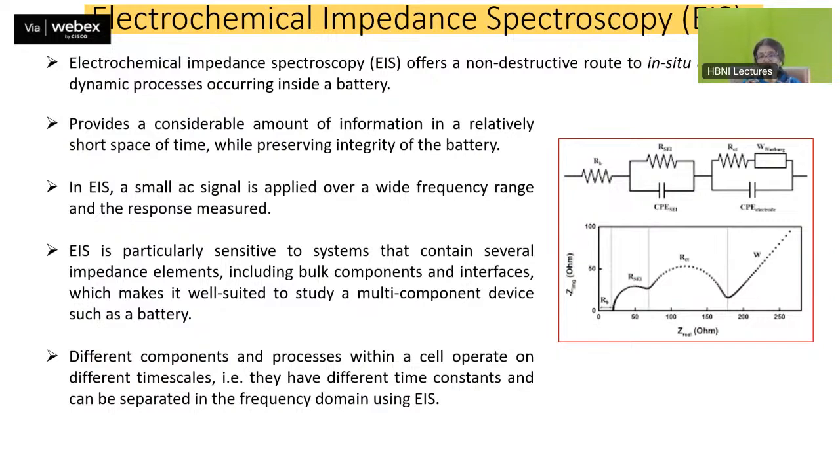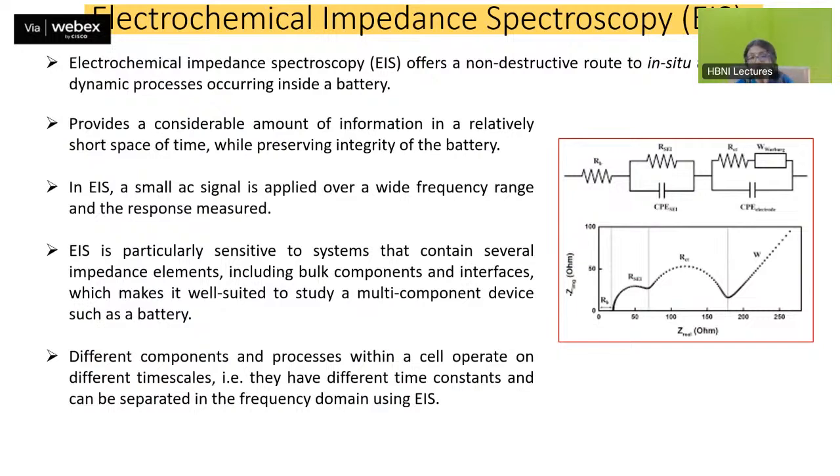Why multi-component? Because you have electrodes, electrolyte, a separator, and so many electrode contact areas. Different components and processes within a cell operate on different time scales, so they have different time constants, and these can be separated very easily in the frequency domain using EIS. That is why this technique is extremely advantageous.